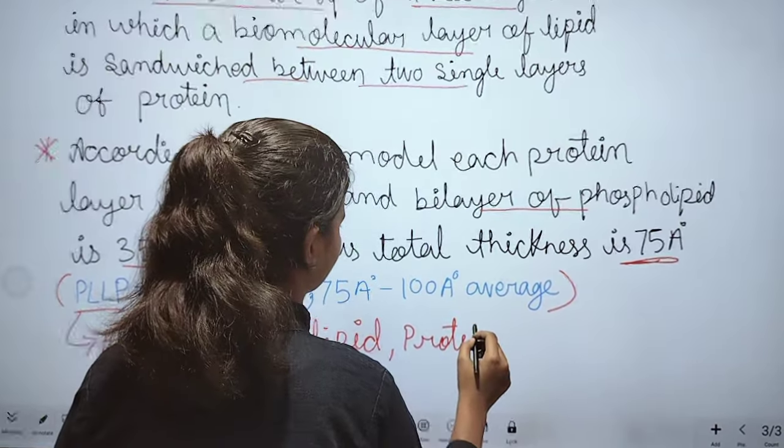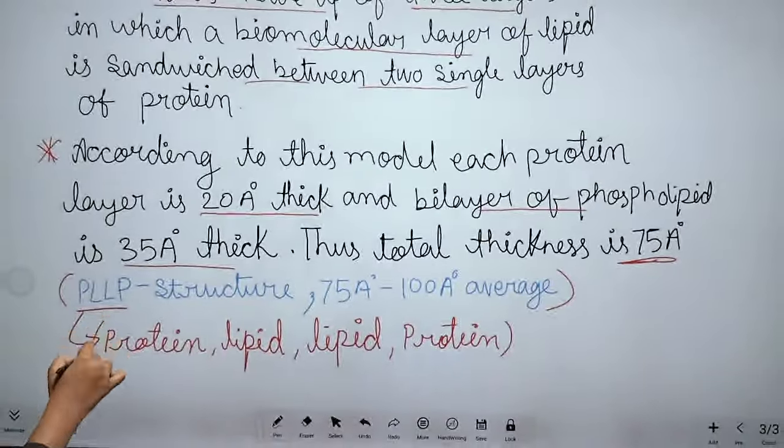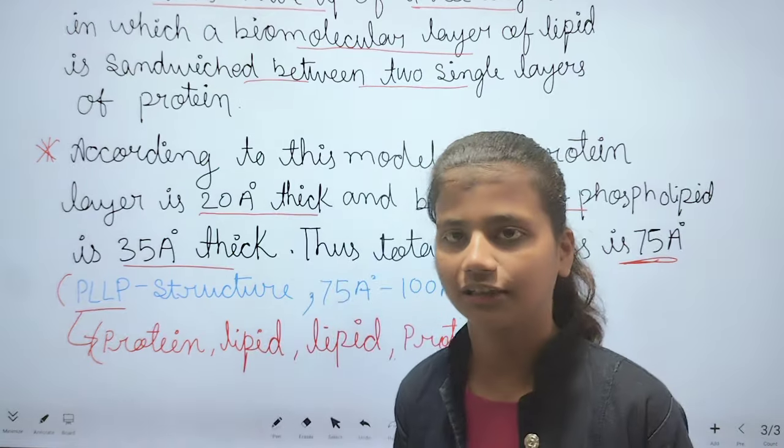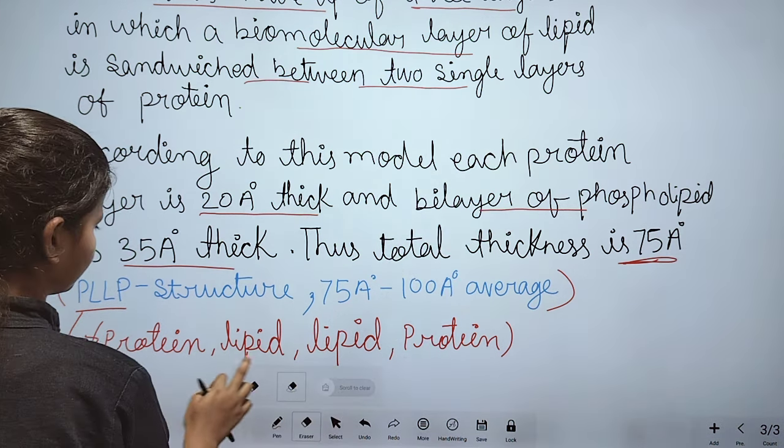The 75 to 100 angstrom is the average thickness of the plasma membrane. Okay, now move to our next point.